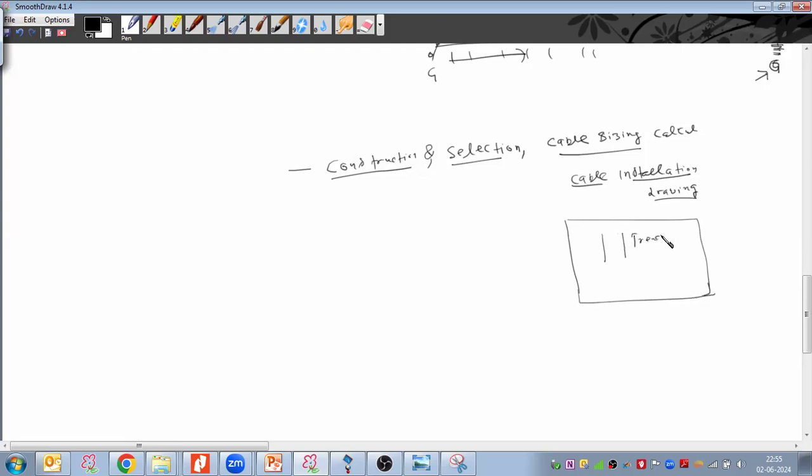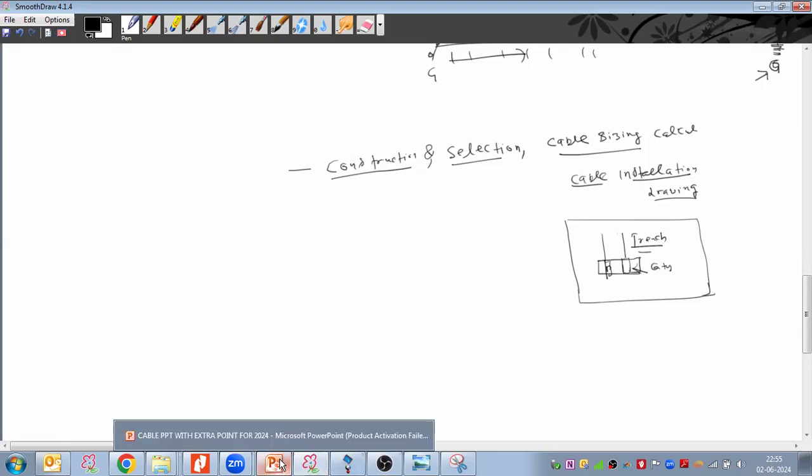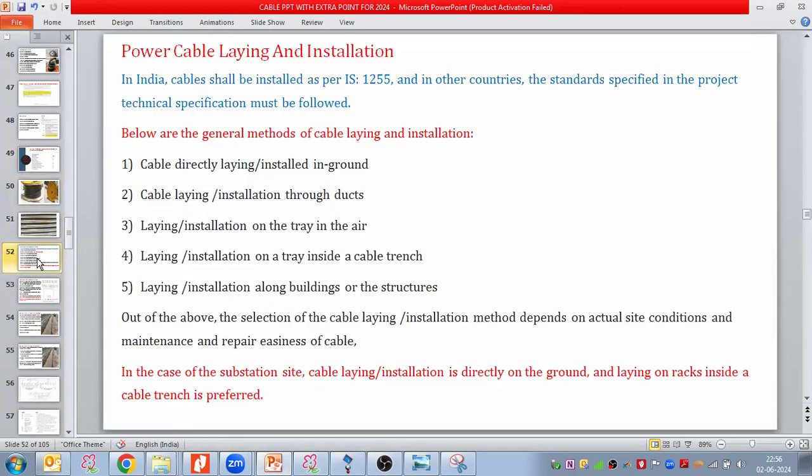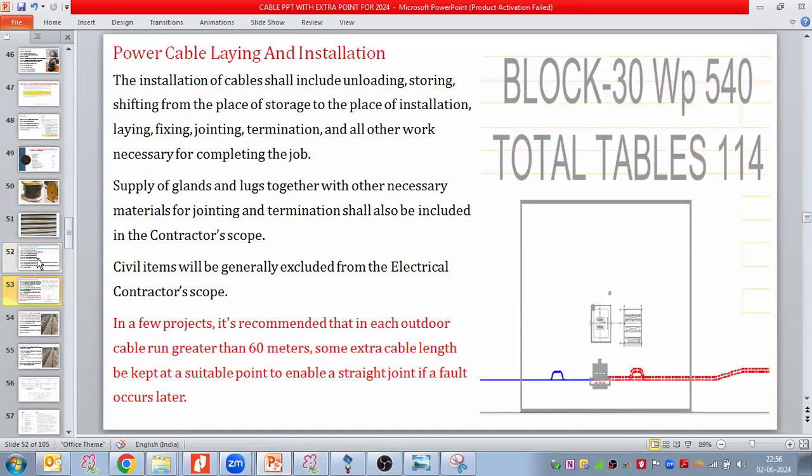When the trench passes through the road, we use the hume pipe in order to pass the cables, so we should know about the hume pipe quantity calculations. There are so many things about the installation that we will discuss. Sizing calculations also we will discuss. So is it okay to continue, or can we keep the remaining part for the next class?